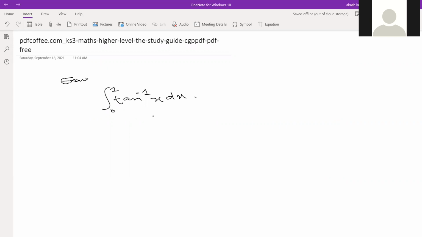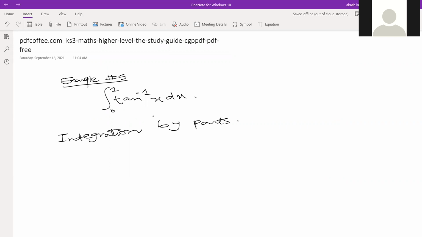This was example number 5. We don't have any choice to select, because we are going to apply integration by parts.